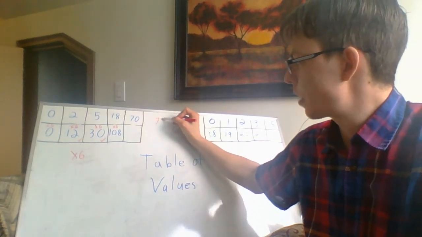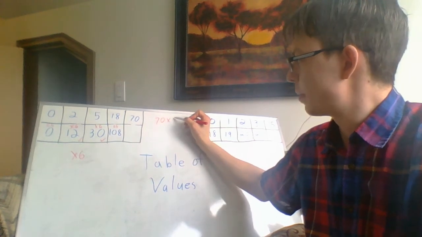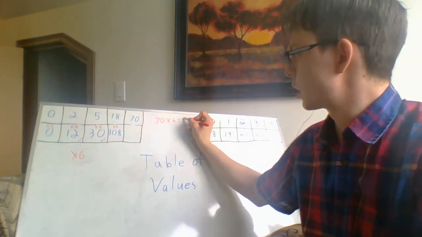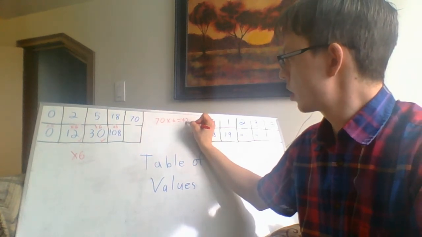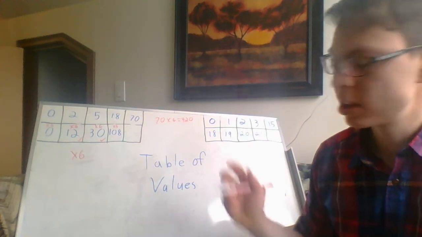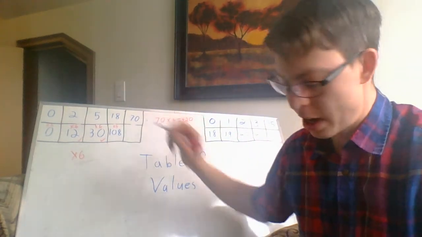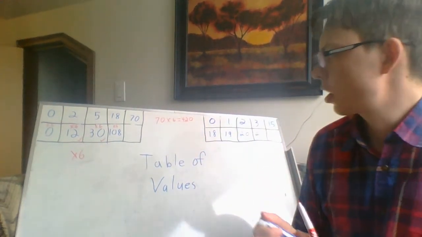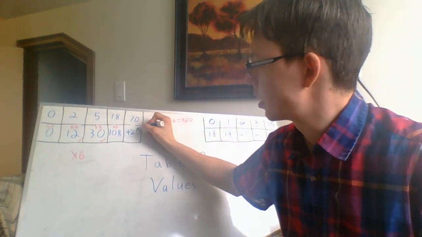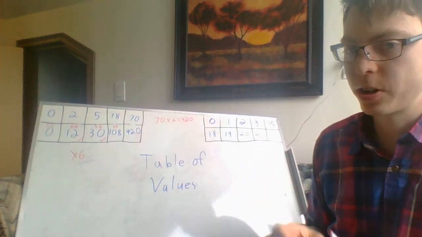Okay, so 70 multiplied by 6. Well, I know 7 multiplied by 6 is 42. And then I could just add that 0. That's a good math strategy. So 420 is my answer. I'm going to use my blue marker here. 420. Excellent. I have solved that data point entry.